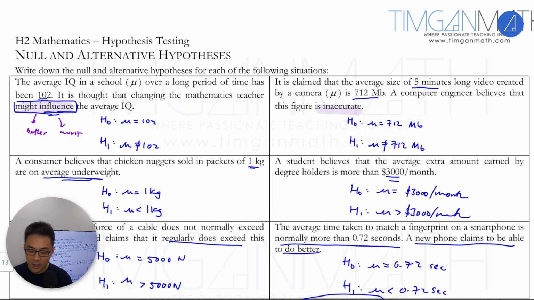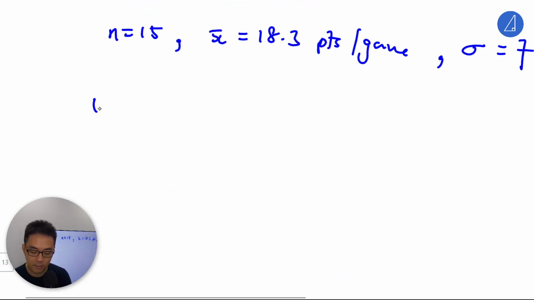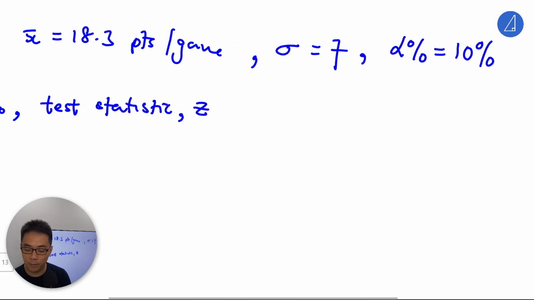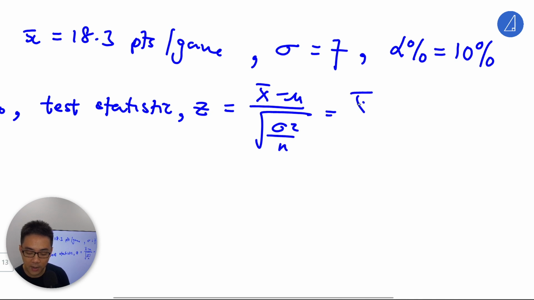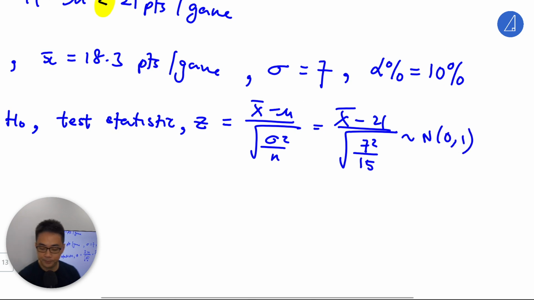Under H naught, the test statistic is Z. Just write it down. Copy the distribution there: X bar minus mu over sigma square root over n. Now you can just write X bar minus 21 over 7 over square root of 15. Then this is normalized to 0.